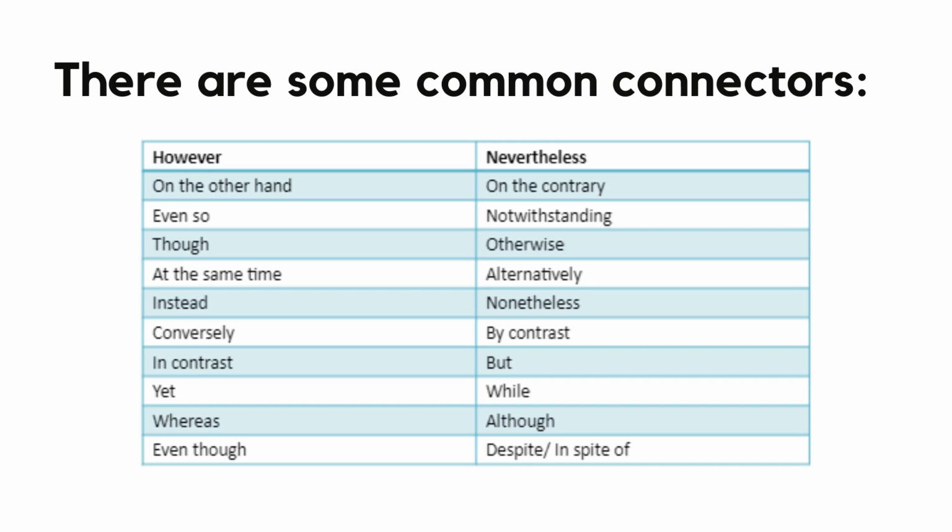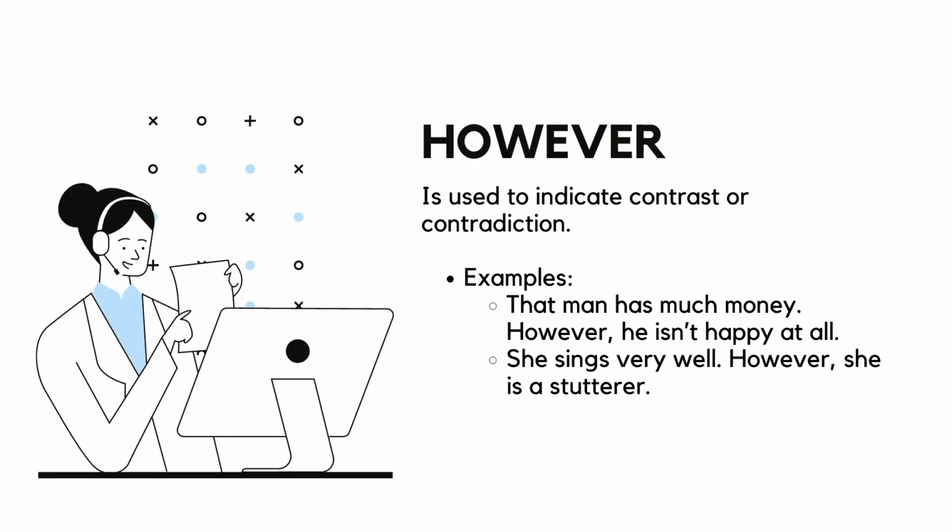So, let us start with however. It is used to indicate contrast and contradiction. Let us see the examples for it. The first one is, that man has much money, however, he isn't happy at all.